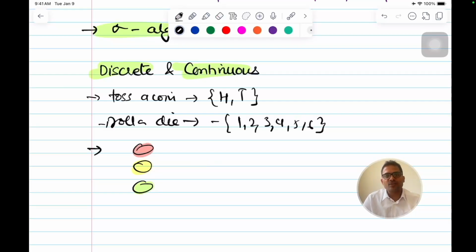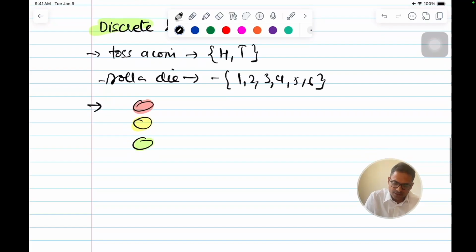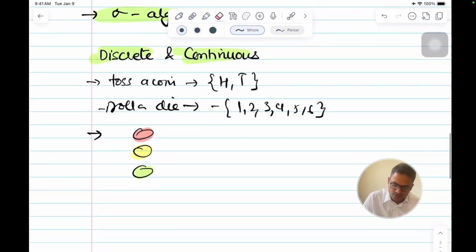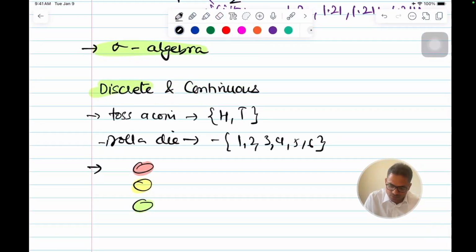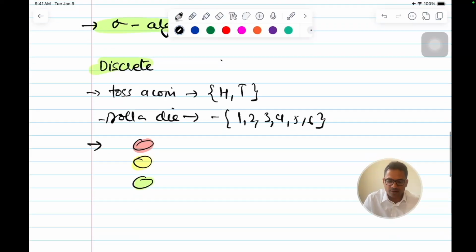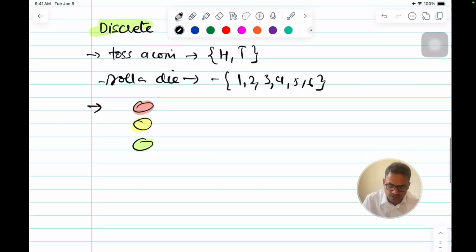So this event is also discrete because it's countable. Let me rub this off to avoid confusion. These are discrete events. I hope that is clear.